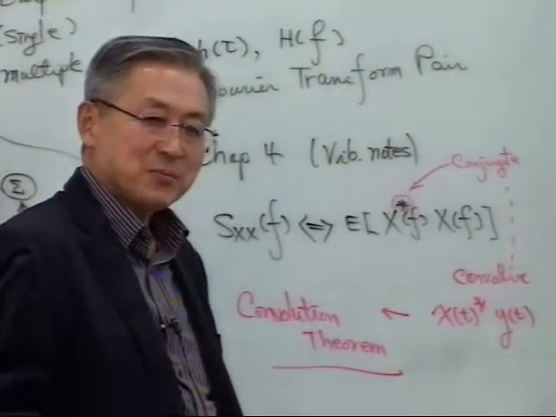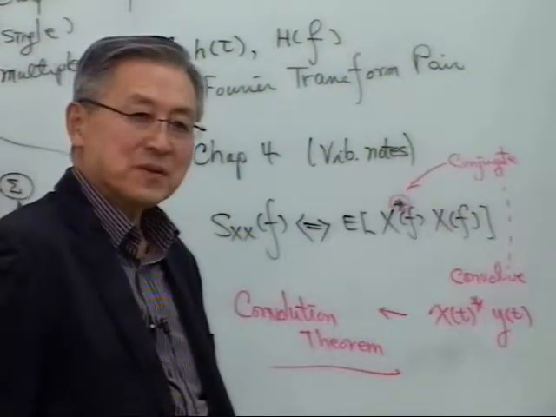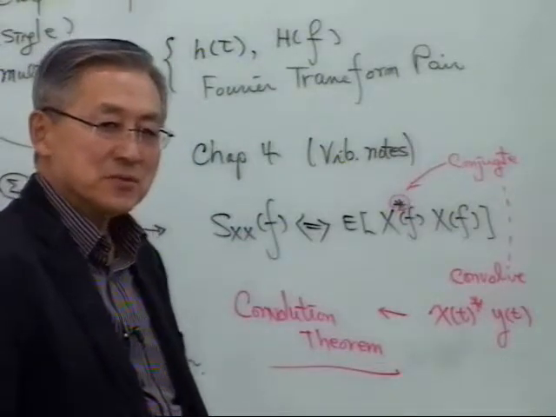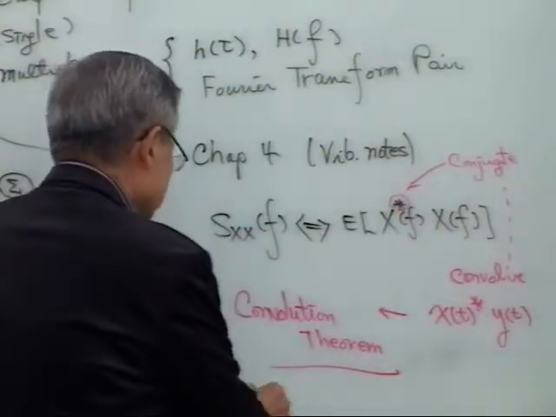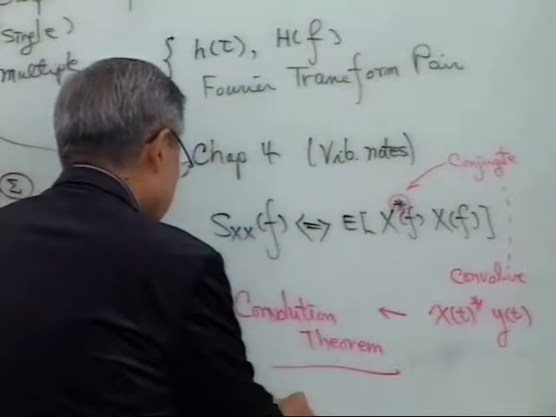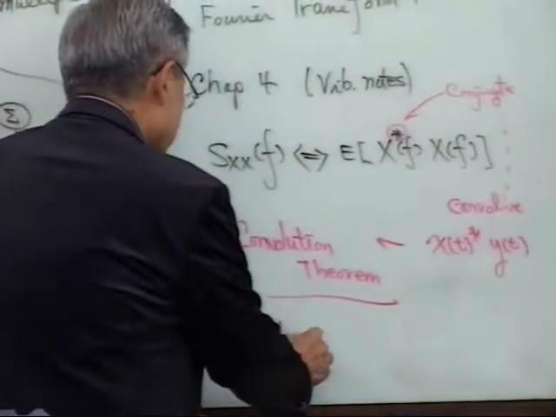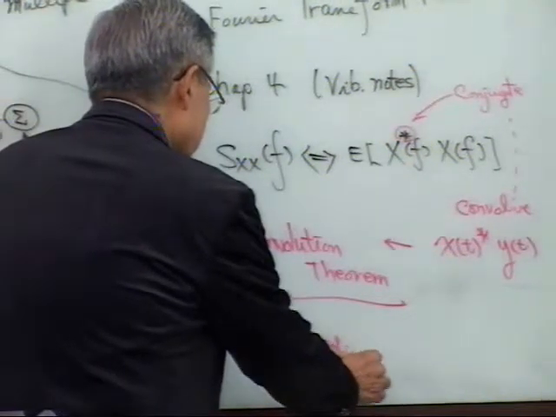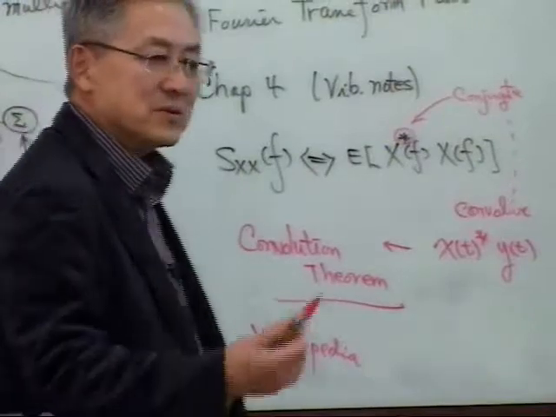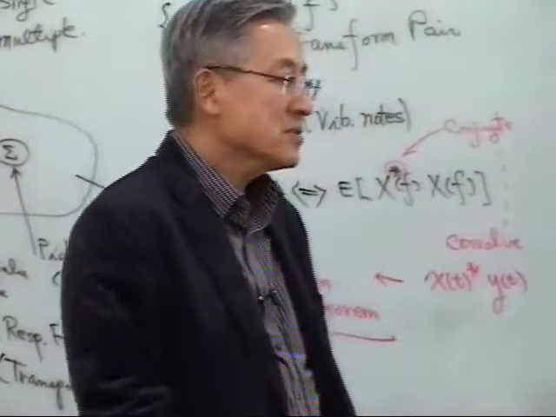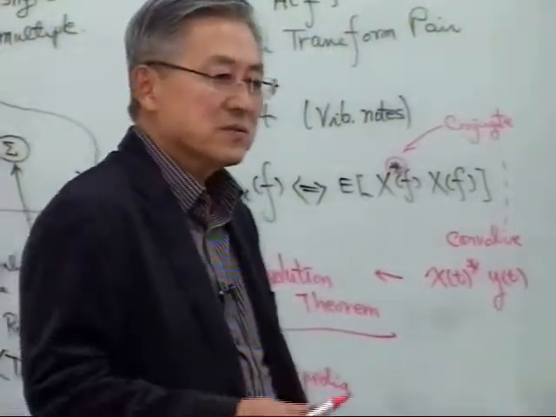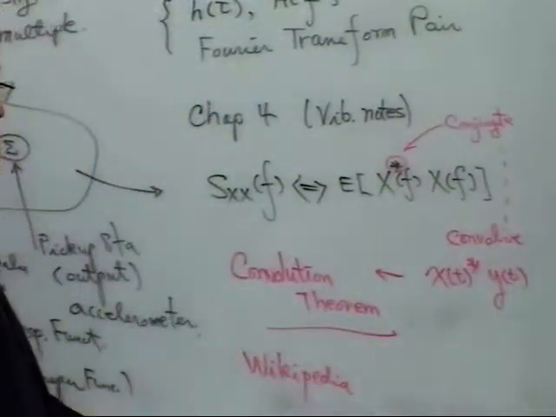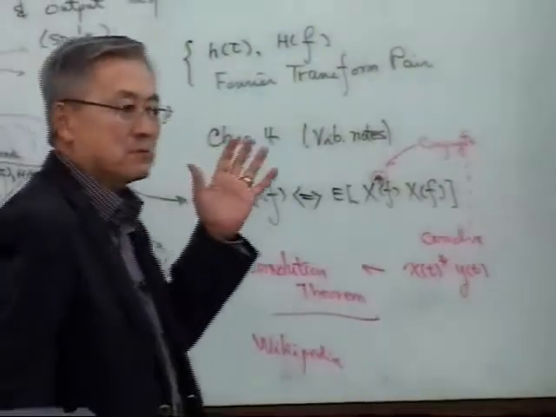When you type in convolution theorem, you can see a whole bunch out there. But usually what I use is Wikipedia. You access it sometimes? Yunsuk, you've heard? If you go to Wikipedia, you can get lots of information. So this is a simple roadmap.